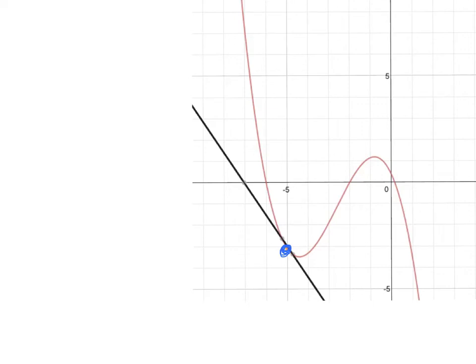If you see these two little gray dots, you'll realize that the tangent line goes through these dots, and we're trying to make a line that just hits the function at the point where x is equal to -5 and slides away. You can think about it as it's just kissing the function goodbye.